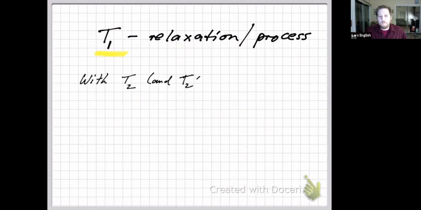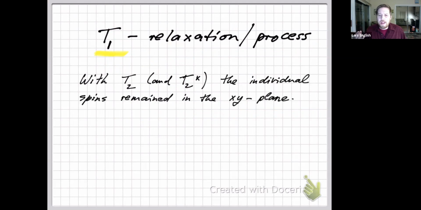Okay, so with the T2s, basically what we get is that the individual spins remain in the XY plane. There's just a sort of a dephasing happening. Right, so there is a sort of fanning out within the XY plane of individual mu's.